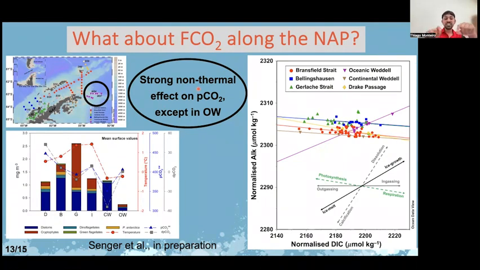So the changes in the pCO2 are more likely to be affected by the non-thermal effect, except for this region here on the oceanic water, where the influence of temperature is higher than the non-thermal effect.